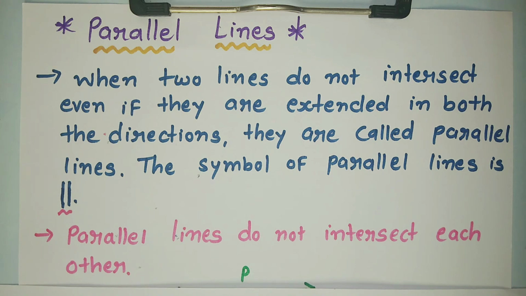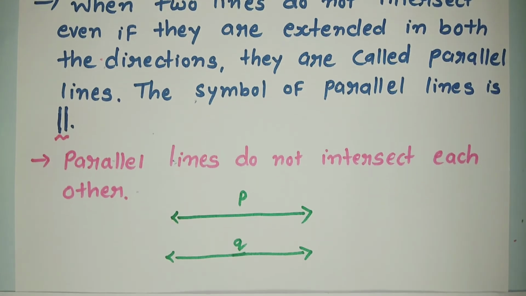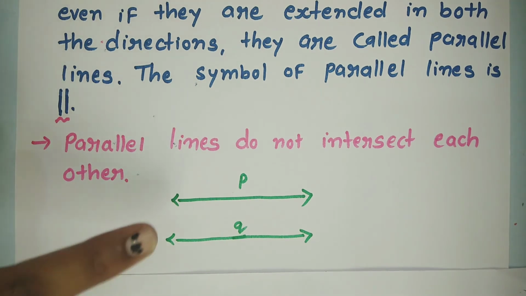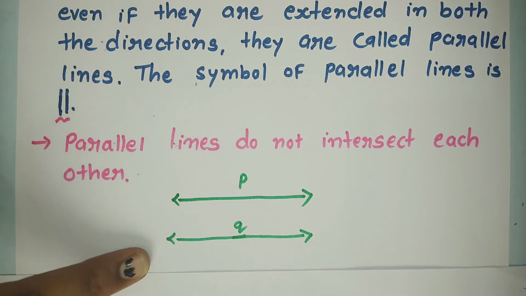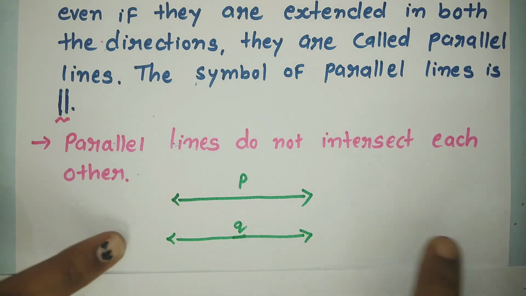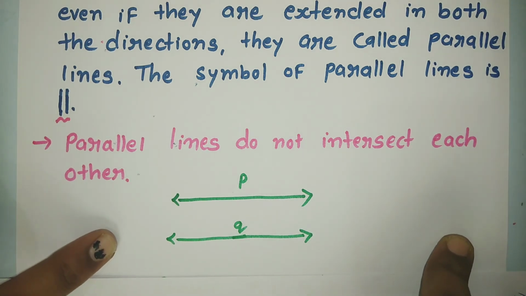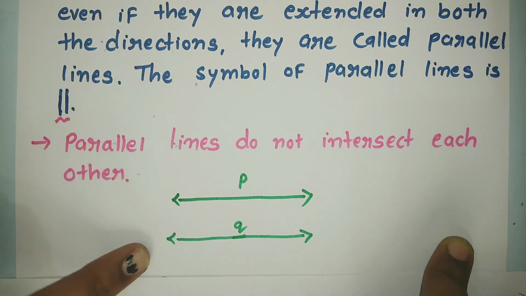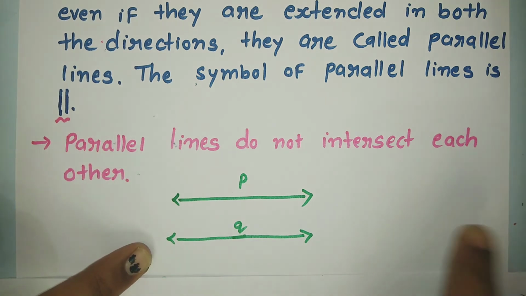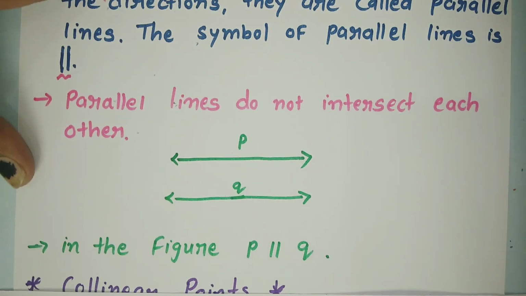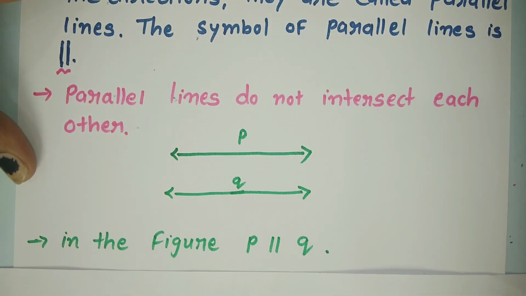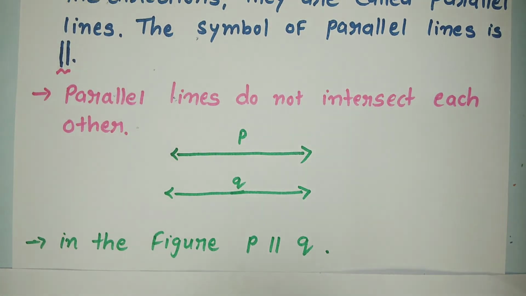Parallel lines do not intersect each other. Here is an example of how parallel lines look. Line P and line Q: if I extend both lines in both directions, they still will not meet. So line P and line Q are parallel lines. In the figure, P is parallel to Q. This is the symbol for representing parallel lines.